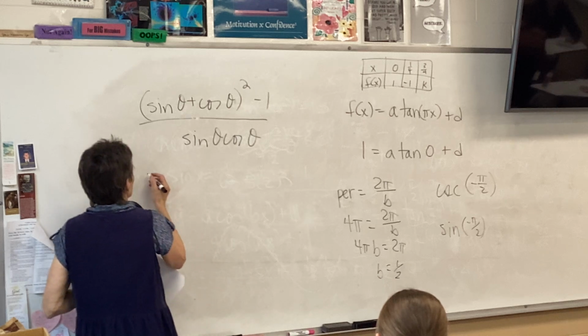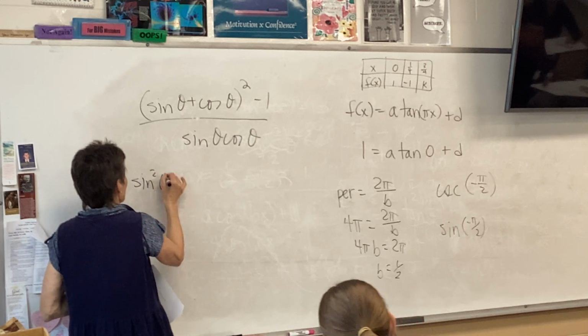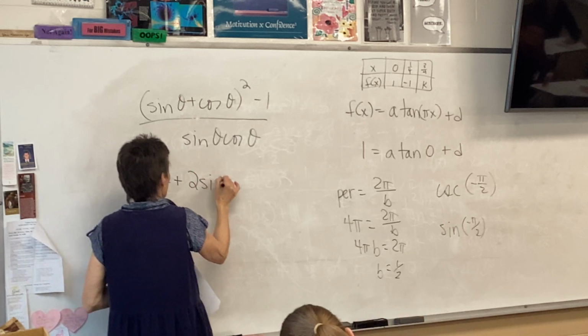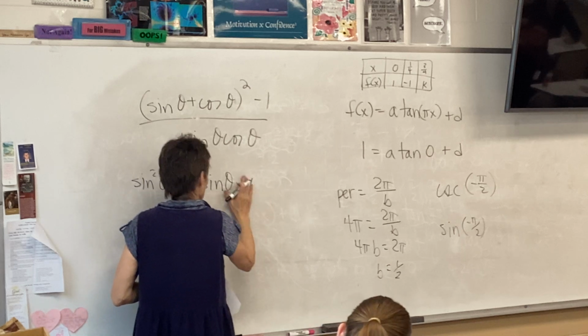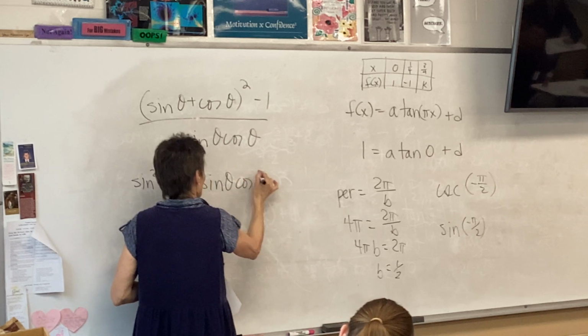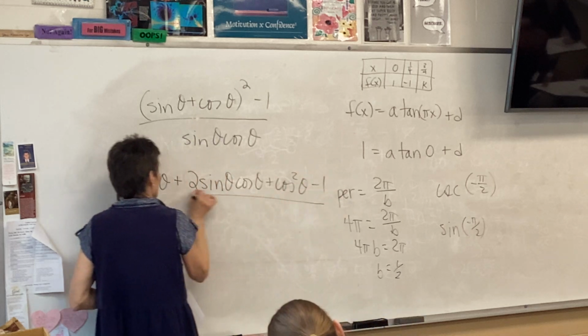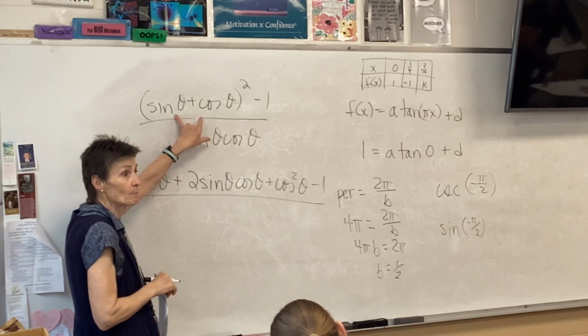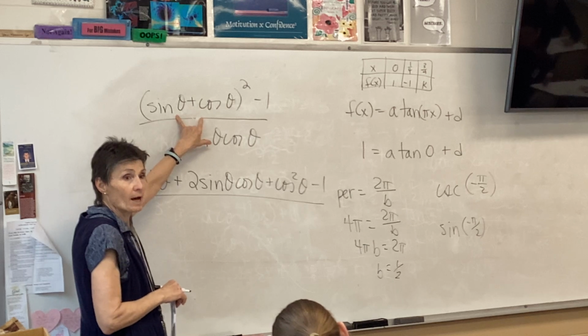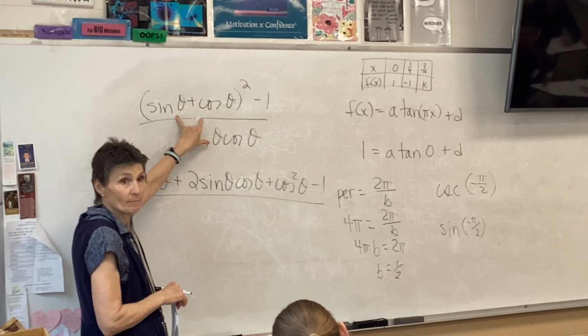So that's going to be sine squared plus 2 sine cosine plus cosine squared minus 1. Is that okay with everybody? It's sine plus cosine times sine plus cosine.